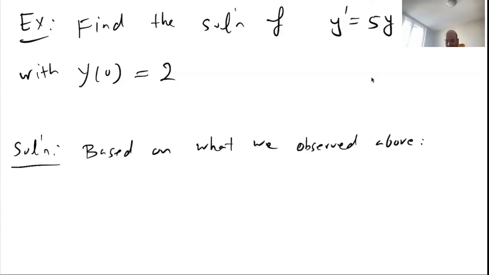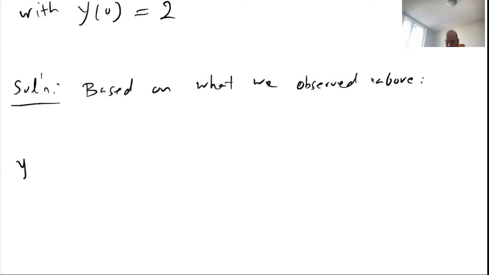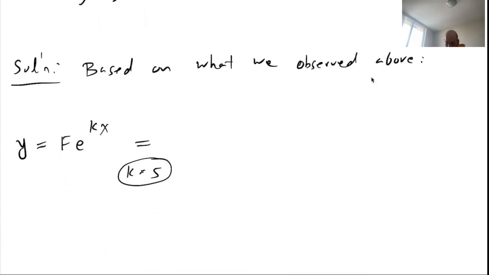Okay, now the solution was y equals f e to power kx, and our k here is 5. So we can say f e to power 5x. And what about f?